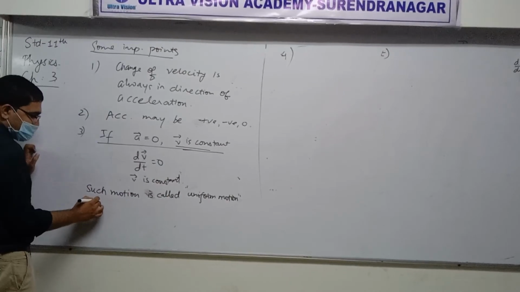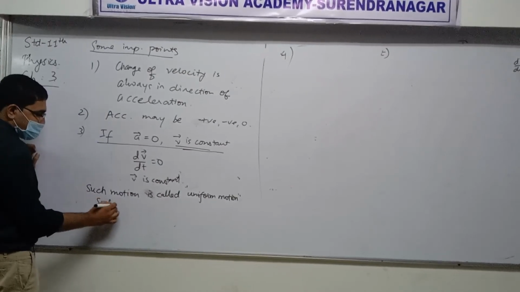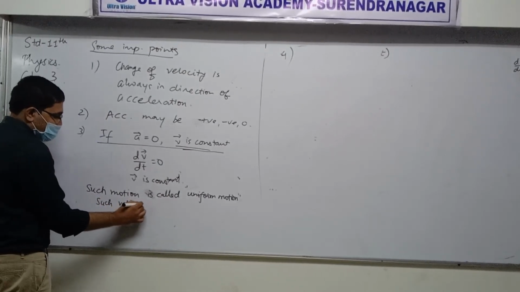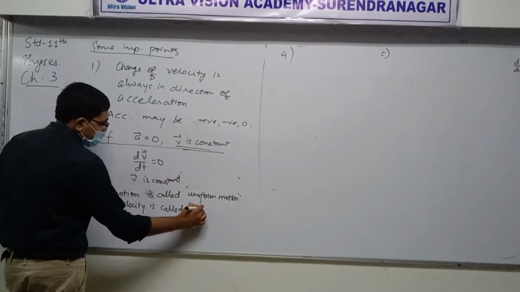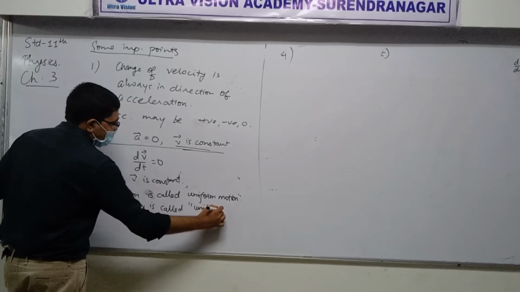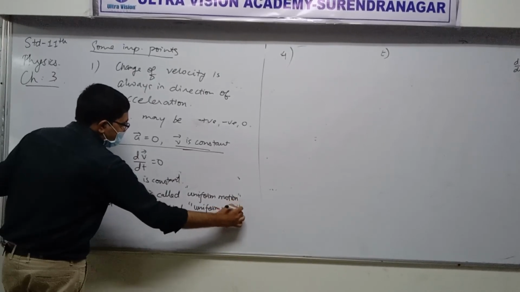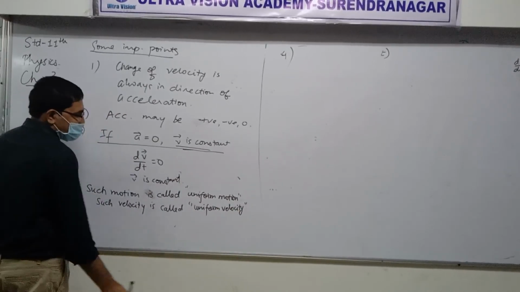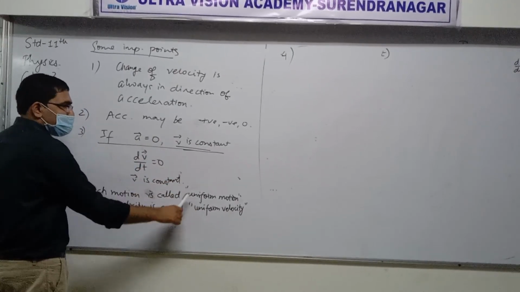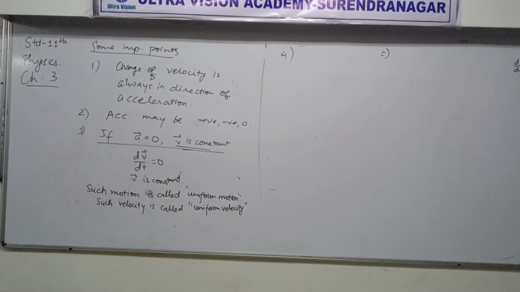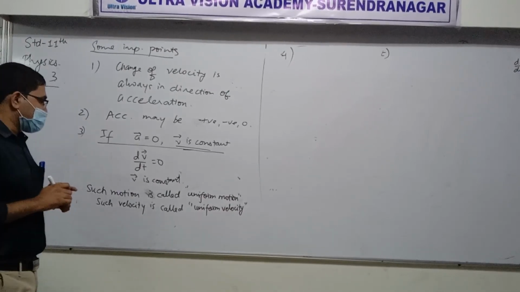And we can also say that such velocity is called constant or uniform velocity. Such velocity is called which velocity? Uniform velocity. Basically, the meaning of uniform velocity is that velocity does not change. Alright? Fine. So let's stop at this point here.